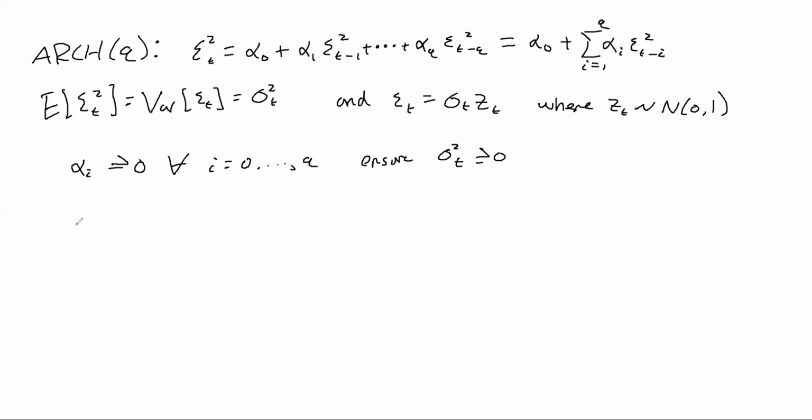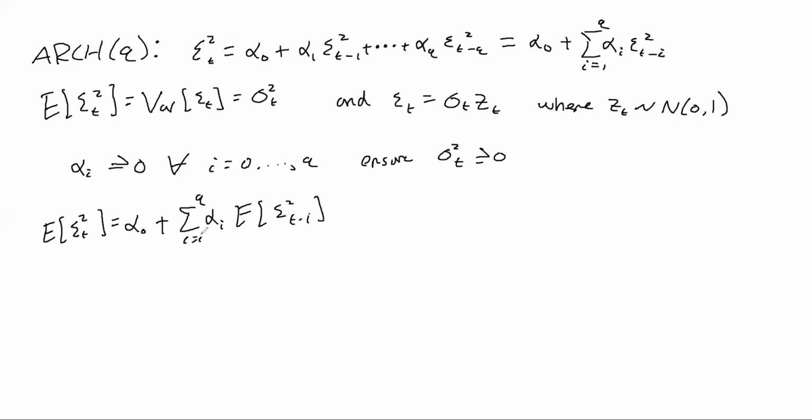So now if we apply all of this to the actual ARCH model, if we say we want the expected value of our error term squared, given the previous values, we get the expected value of a constant, which is just the constant, plus the sum from i equals 1 to q of all our alphas, all our other coefficients, multiplied by the expected value of our error term t minus i squared.